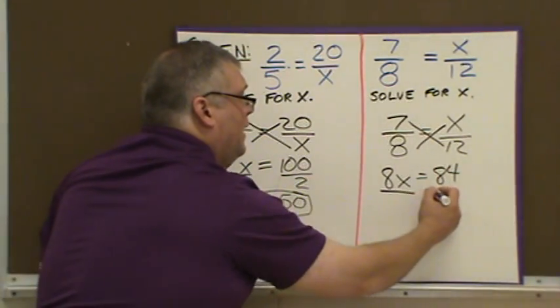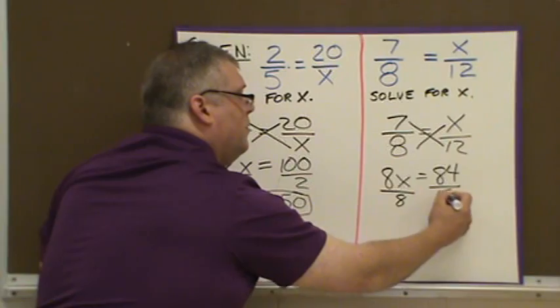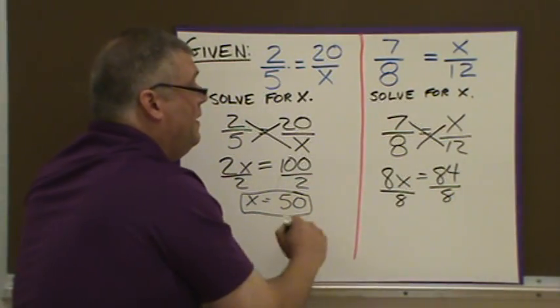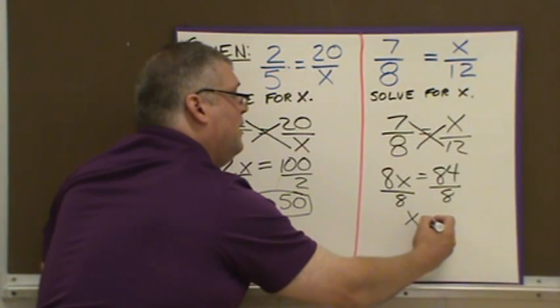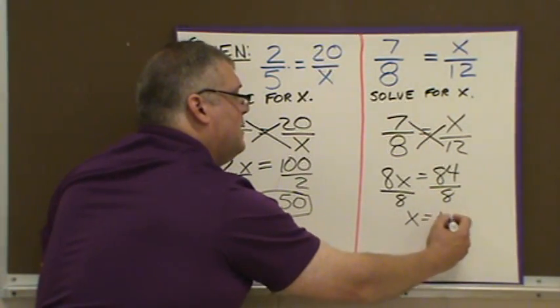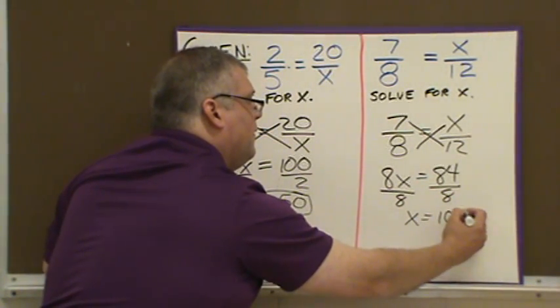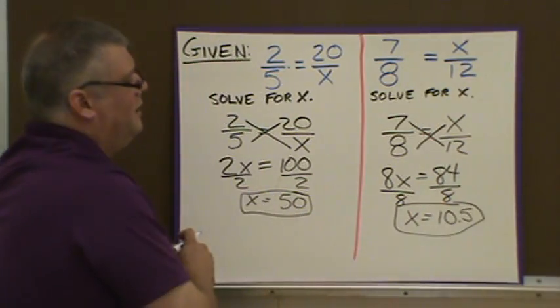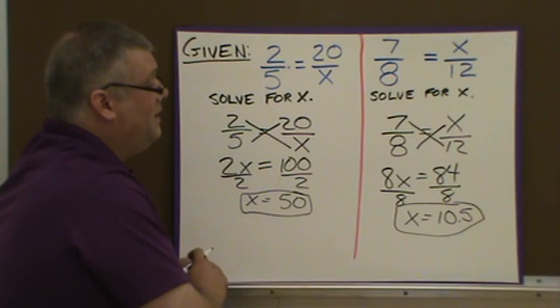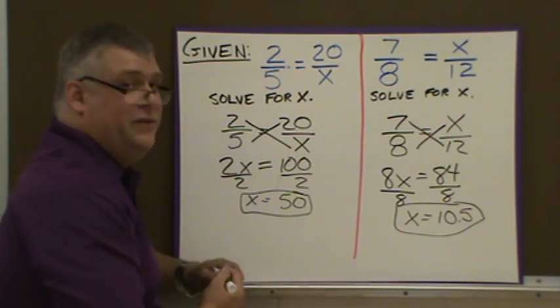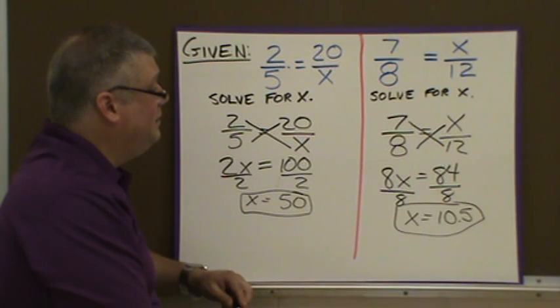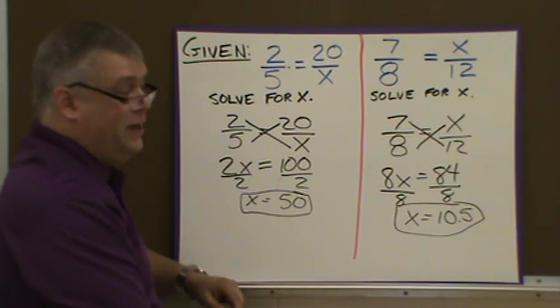Then I'm going to divide by the 8, because 8 times x, so I do the opposite, which is divide. And that's going to give me x is equal to 10.5. 84 divided by 8 is going to give you 10.5. It's not always going to work out to be a nice integer or whole number. You got to be aware of that.